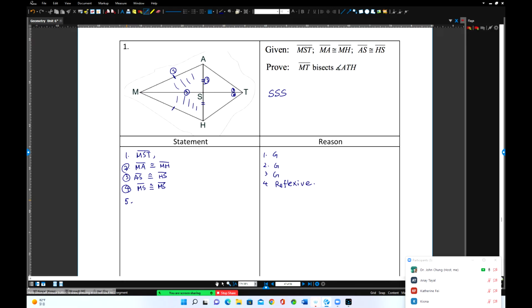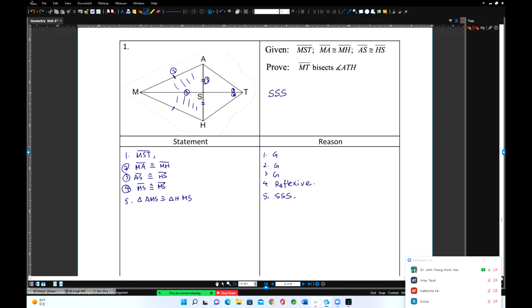Now we can make a conclusion. Okay, triangle AMS congruent triangle HMS. The reason is what? Side, side, side congruent. Okay, from these two triangles congruent, what did we get?